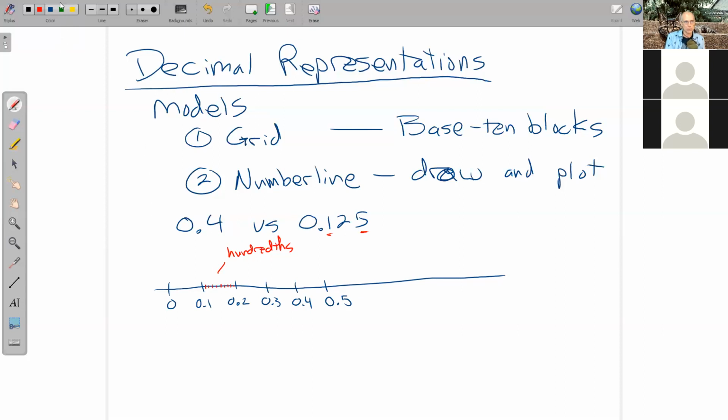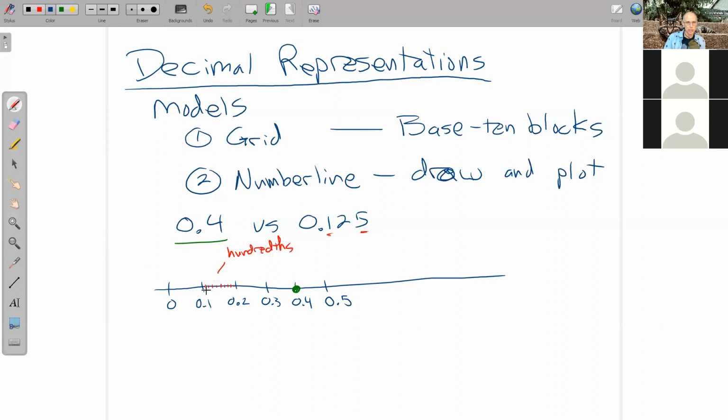So for example, let's use green to plot this one. That one's pretty straightforward. It lives right there. Now here, I can show there's 1/10, and then the second red mark over would be 12 hundredths, and in between those two would be 125 thousandths. So let's do that one, and I guess we can go blue.